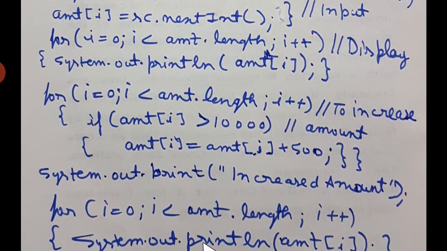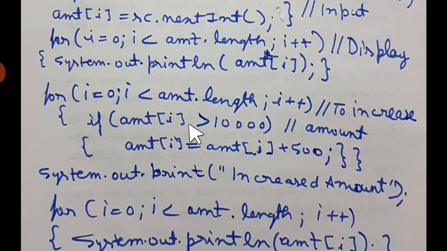Now the real thing is here: I have to update every amount which has a balance of more than 10,000. So first, you have to write the same loop again, i equal to 0, i less than amt.length, i plus plus. That means I have to visit each and every element. This is the loop meant for traversal. Inside the loop we write the condition for checking 10,000.